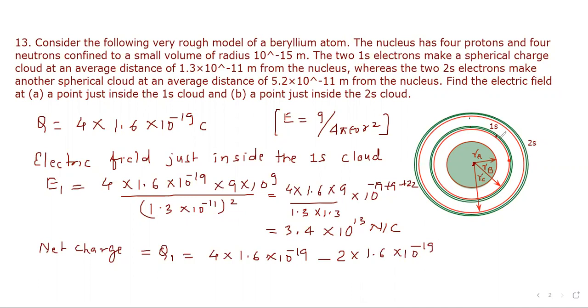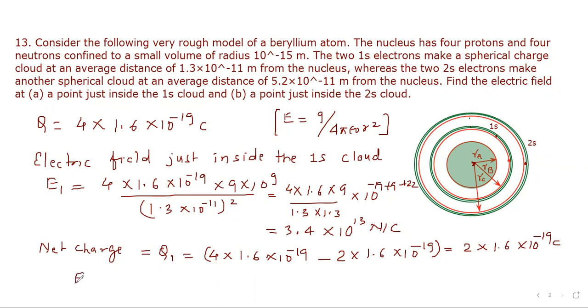Here there are 2 electrons in the 1s orbital, so their charge will be negative, and charge due to protons will be positive. So we are taking the difference of the two, which will be equal to 2 times 1.6 times 10 to the power minus 19 Coulomb. Now we have to find out the electric field just inside the 2s cloud.